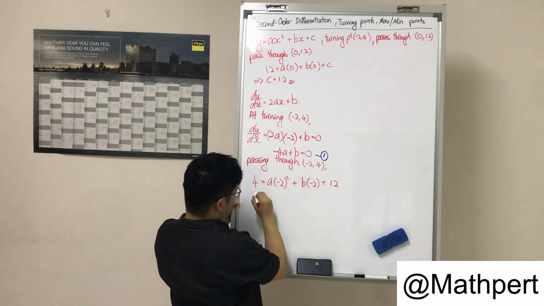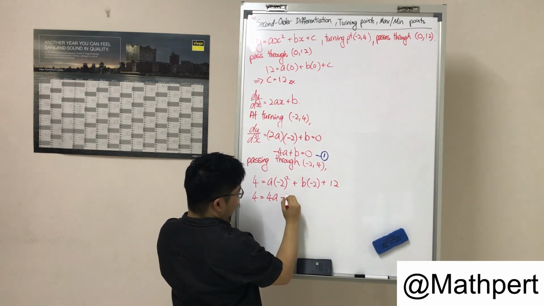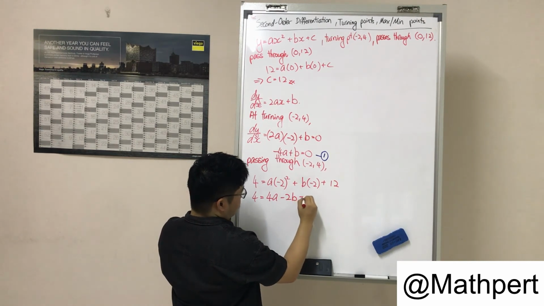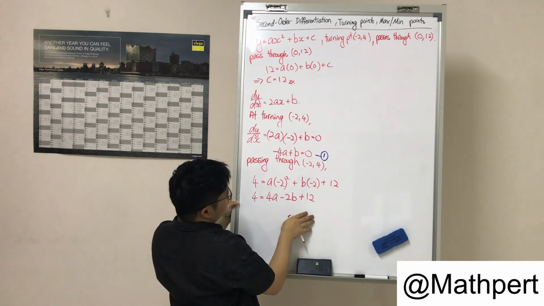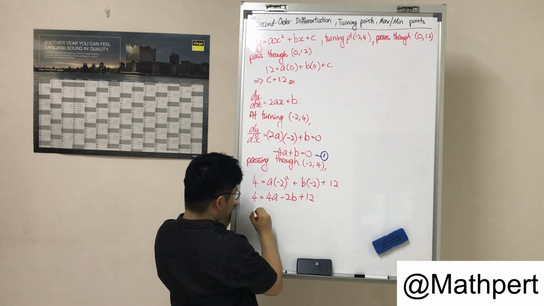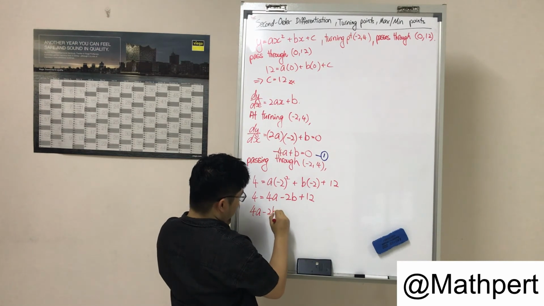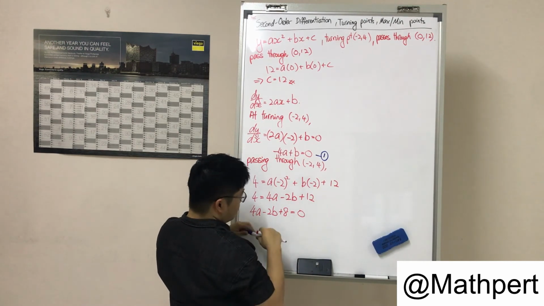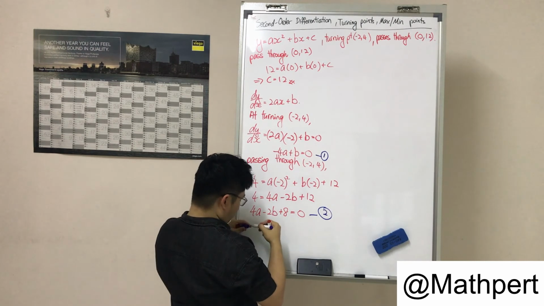So 4 equals 4a minus 2b plus 12. Move everything to the left hand side. We get 4a minus 2b plus 8 equals 0. We name it equation number 2.